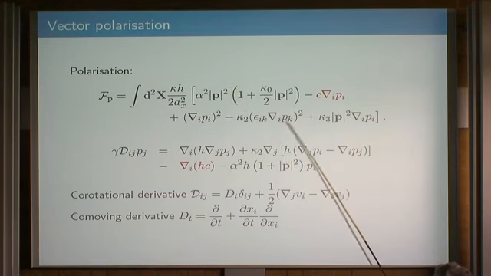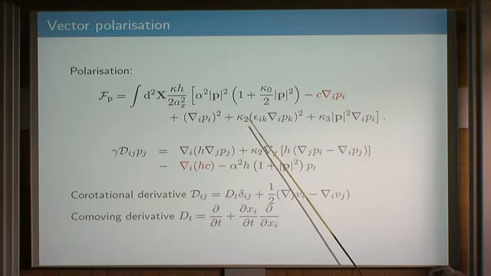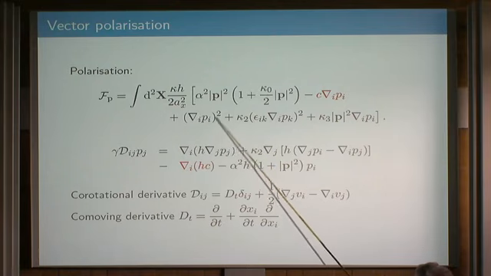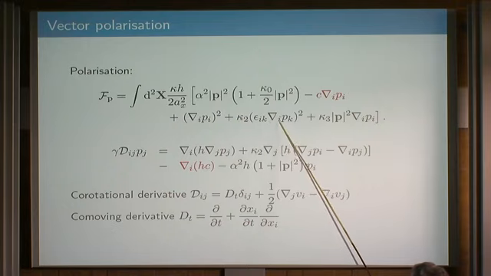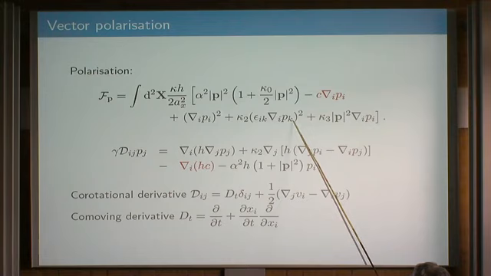What is present here are all scalars that we can construct using the polarization and its derivative with the total power not larger than 4. And this is all that we can construct.